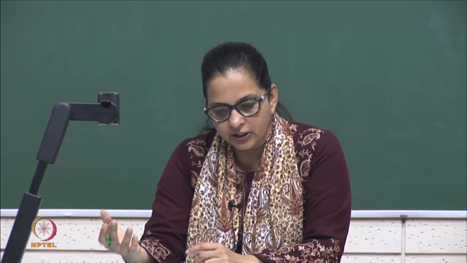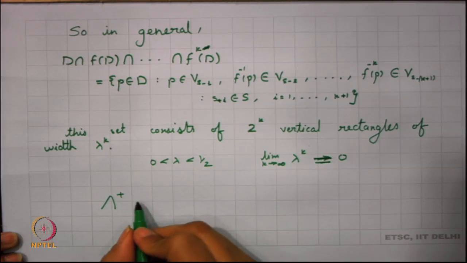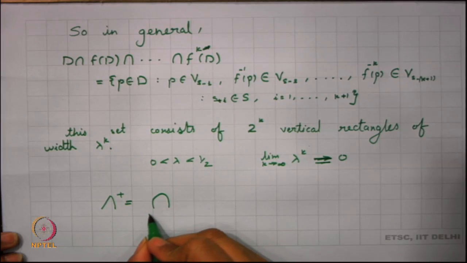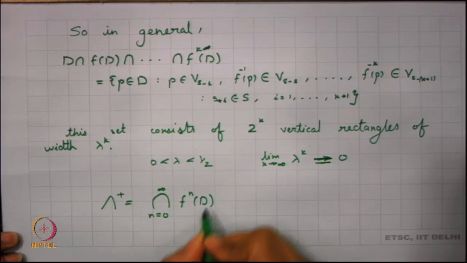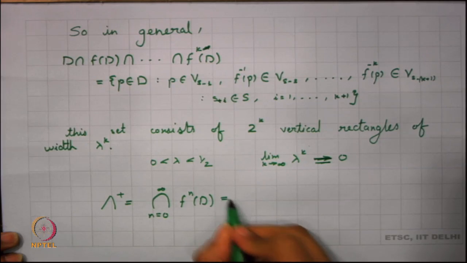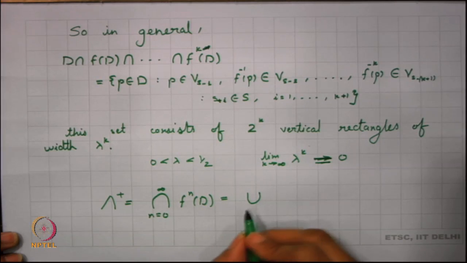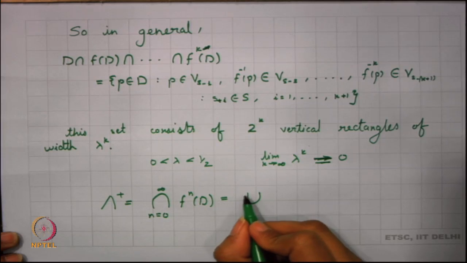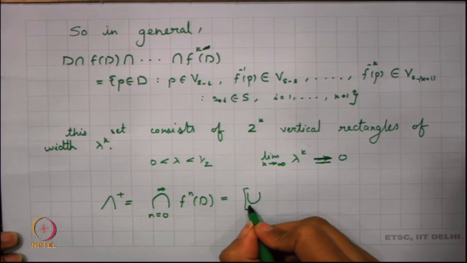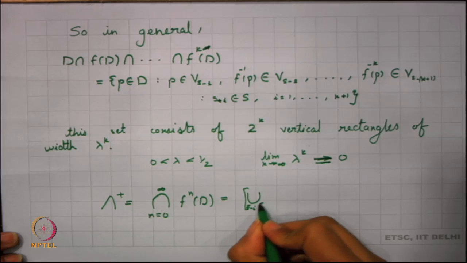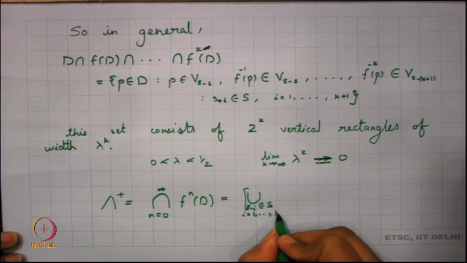At the infinite stage we find that lambda plus, which is basically the intersection for n going from 0 to infinity of F to the n of D, is nothing but the union of, I am now looking at this part, the V of S minus 1, S minus 2, up to S minus k plus 1, where each S minus i belongs to S and i goes from 1 to k plus 1.